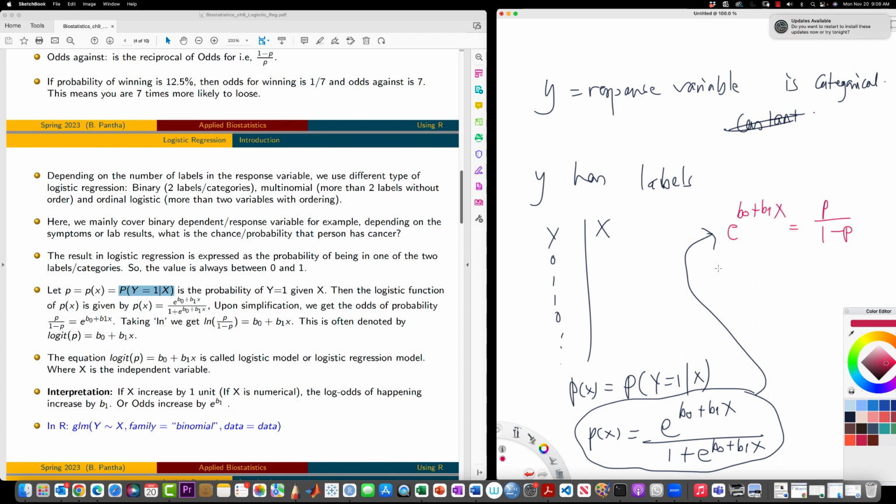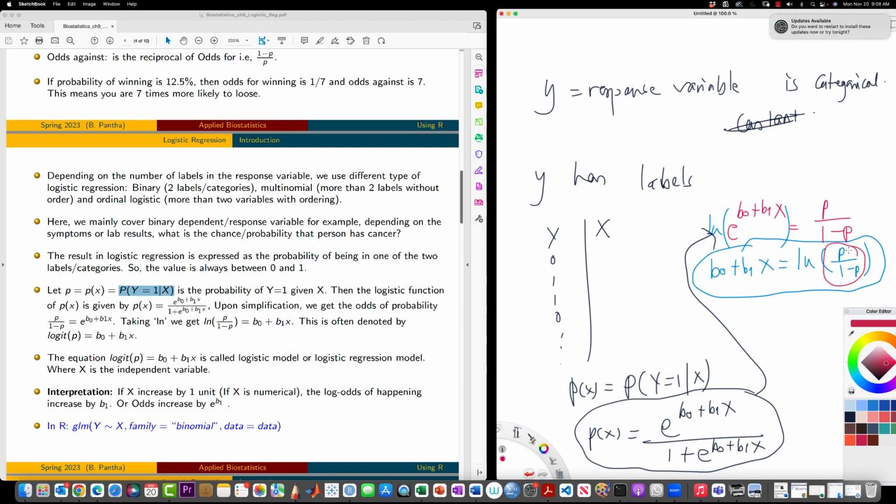If you take the ln, it cancels the exponential, so you get b0 plus b1x equals ln of p over 1 minus p. That is basically the logistic equation. On the right hand side you have ln of p over 1 minus p, which is called the log odds, because this value is the odds.